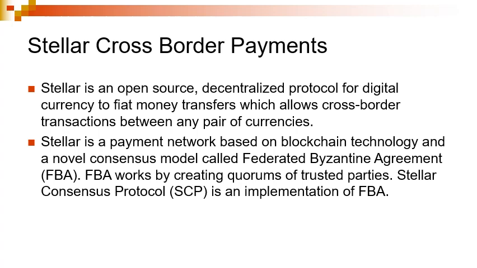Stellar is a payment network based on blockchain technology and a novel consensus model called the federated Byzantine agreement algorithm. FBA works by creating quorums of trusted parties. We have studied what a quorum is: a group of nodes involved in the consensus mechanism. So the Stellar consensus protocol is an implementation of the federated Byzantine agreement algorithm, which can eliminate Byzantine faults.